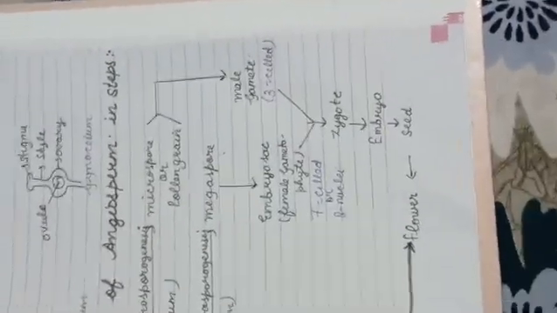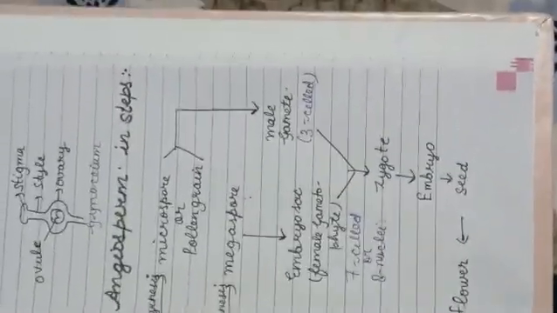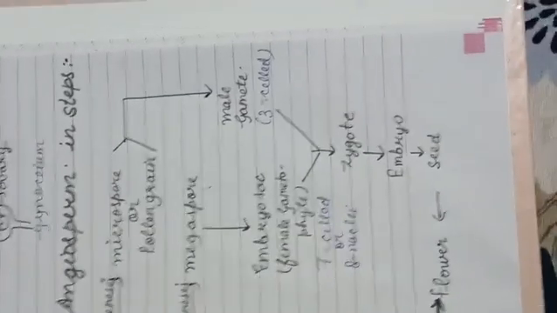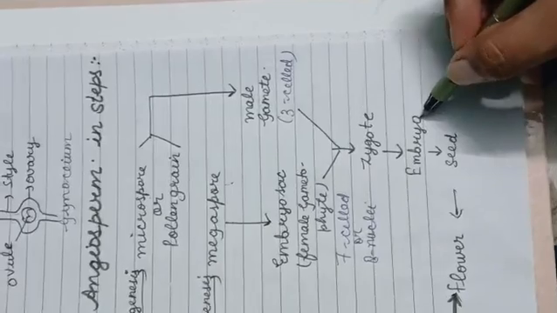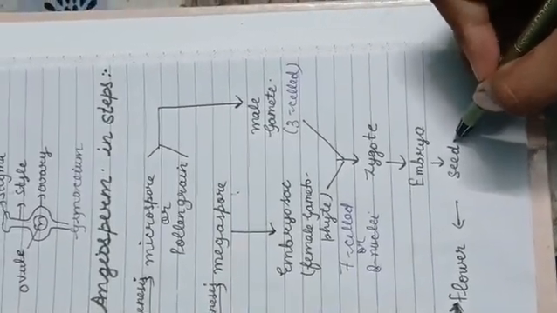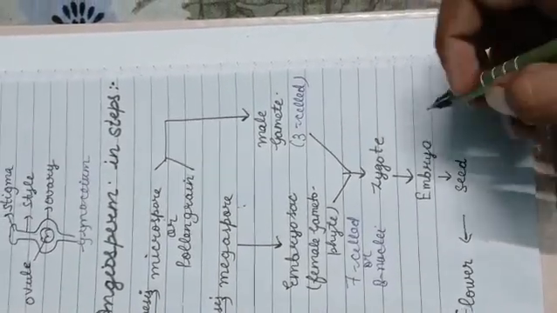And when both male and female combine together, then it forms zygote. And after development, the zygote is converted into the embryo.